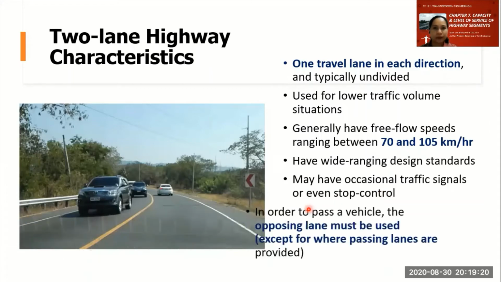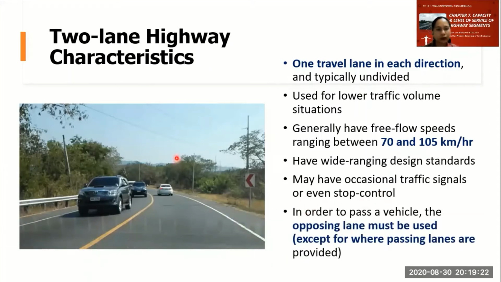stop control. And in order to pass a vehicle on a two-lane highway, for example, if this one wants to pass this vehicle, then this vehicle has to use the other lane or the opposing lane, except where passing lanes are provided. Now, if you have noticed a bold line in the middle, later on we will see that there is what we call the no passing zone.